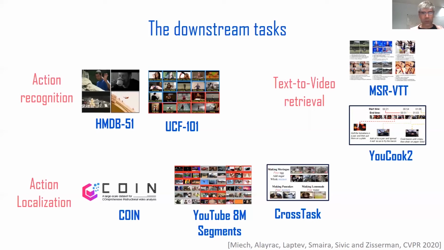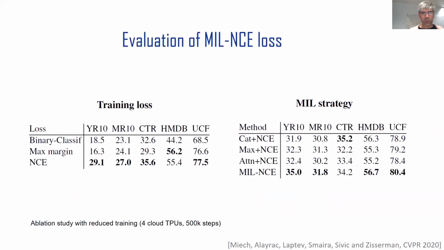The evaluation is done on several datasets and several downstream tasks: action recognition, action retrieval, and text retrieval. Before going to the results, we first look at the benefit of NCE and MIL.